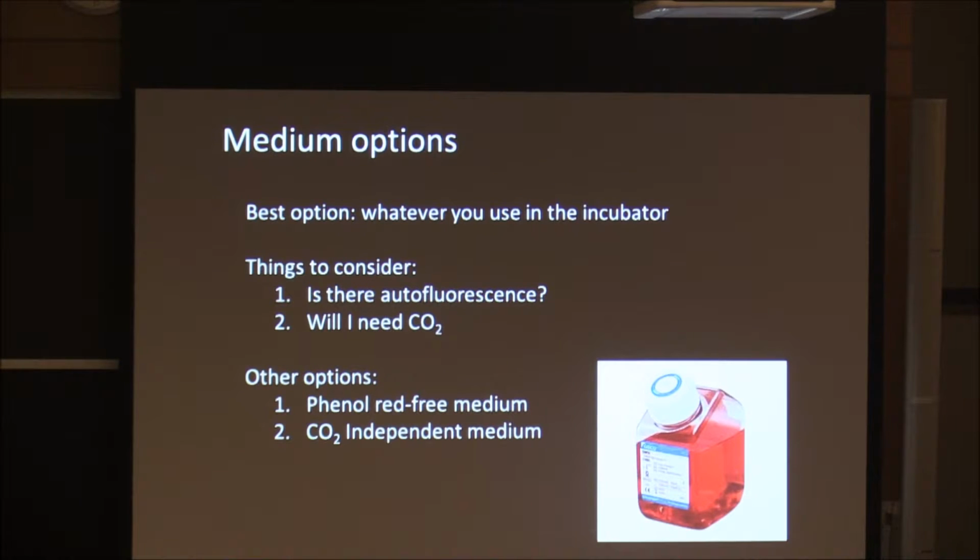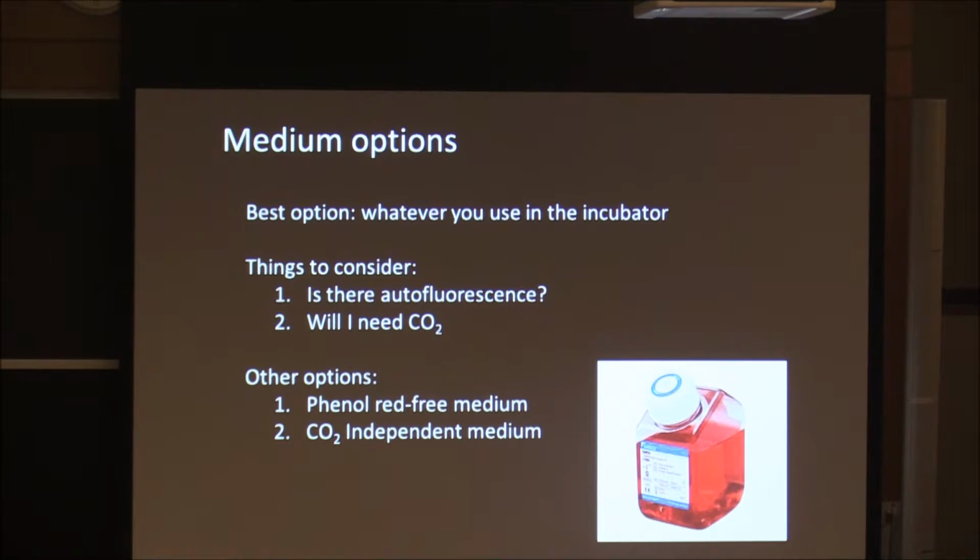Phenol red's just there as a pH indicator for you. It's not needed. And you can actually get this DMEM, you can order it without phenol red, so just a clearer solution. The phenol red has incredible autofluorescent properties in the green range, so if you're trying to look at GFP in cells in phenol red, it usually looks terrible. Just all kinds of background. So just swap that out for the phenol red free DMEM before you come into imaging.